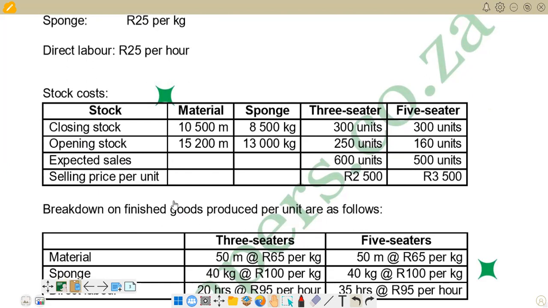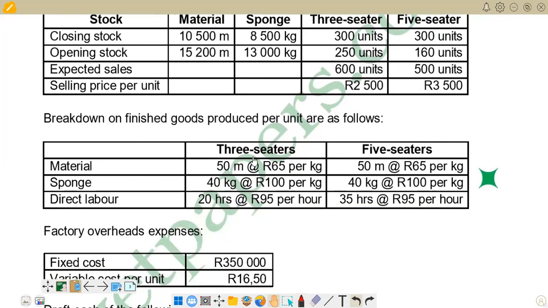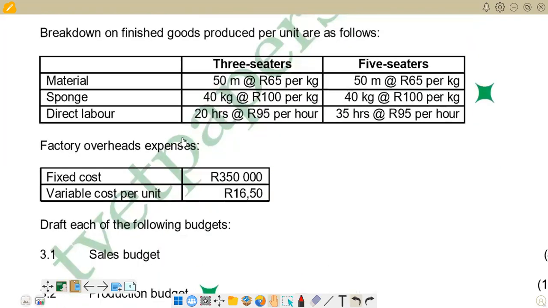Then we've got the breakdown of finished goods produced per unit as follows. We also have columns for 3-seaters and 5-seaters, and we have material, sponge, and direct labor. Lastly, we have factory overhead expenses, where we have a fixed cost of 350,000 rands and a variable cost per unit, which is 1,650.